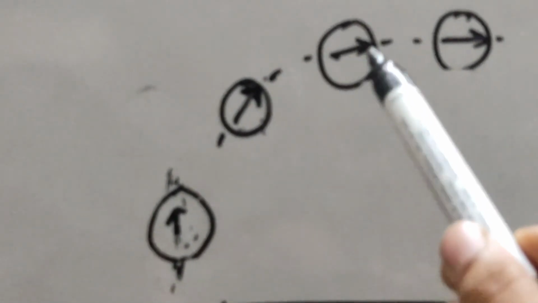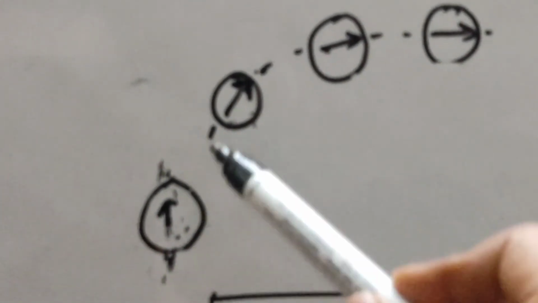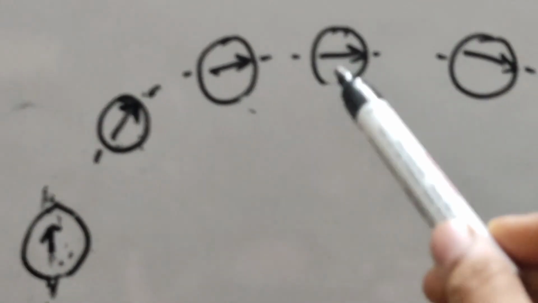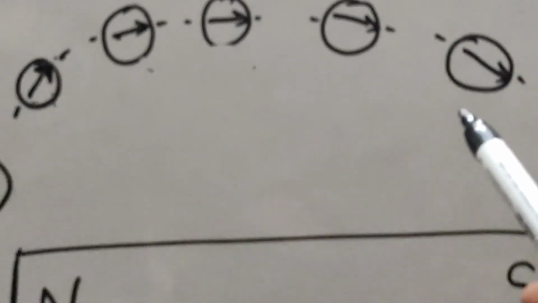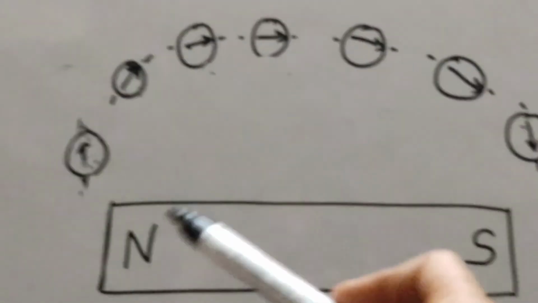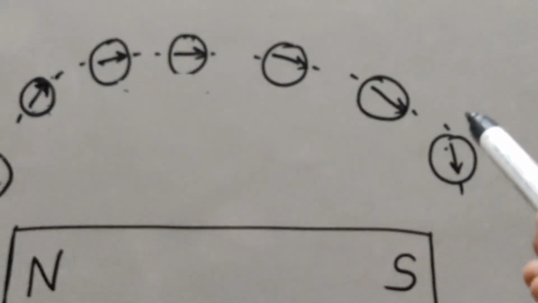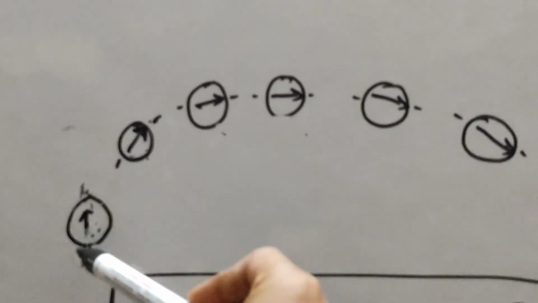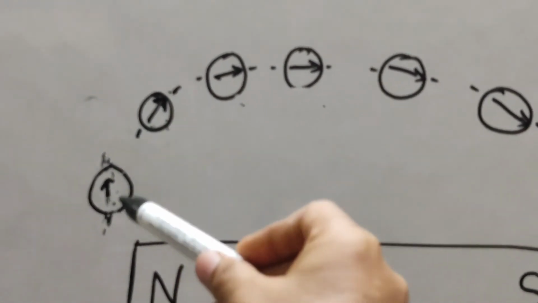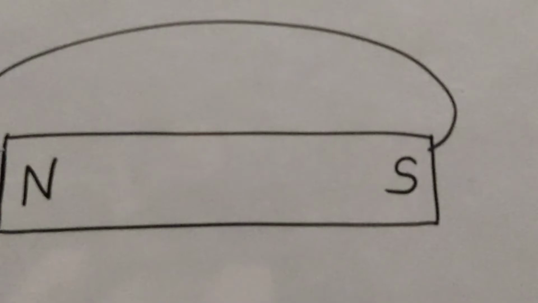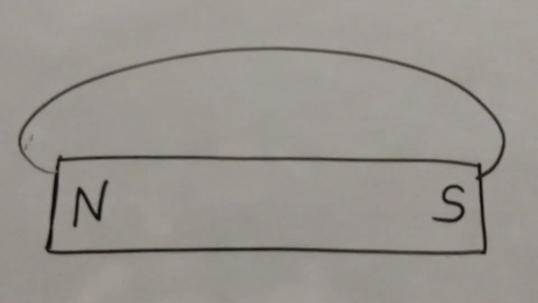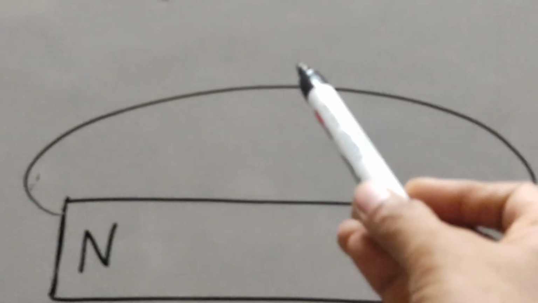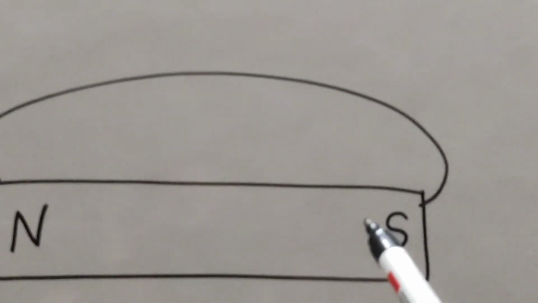I have shown here first, second, now I have placed a compass here, then here, then here. This way we can place a compass at different positions around the bar magnet, get 2 marks for each position, and then later we can join those marks and get this line.